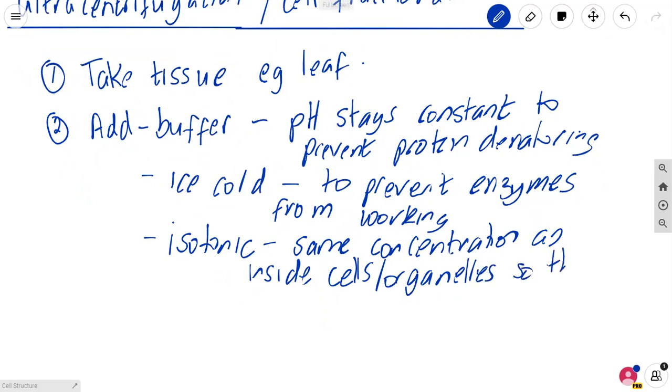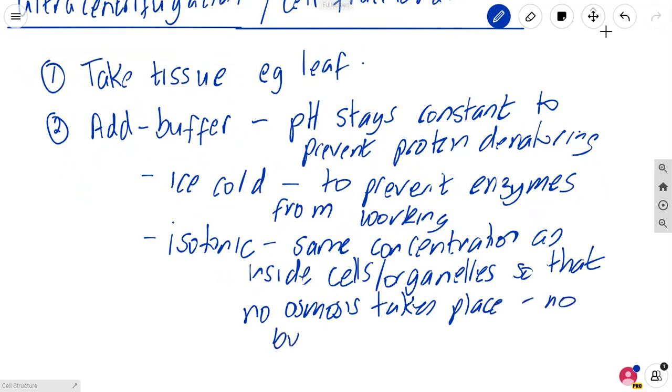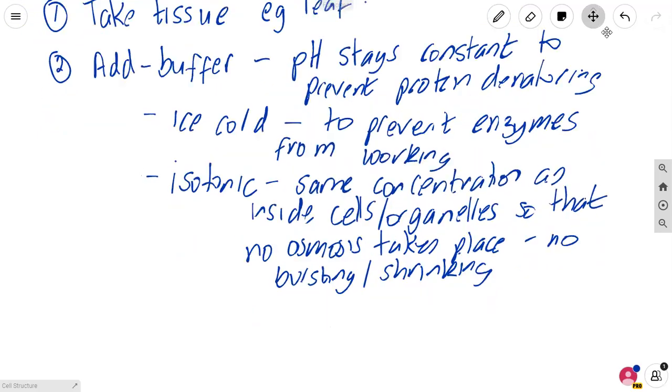So that no osmosis takes place, so that there's no bursting or shrinking. That was what could happen. So your buffer has to be ice cold and isotonic. So it's got three properties. It's a buffer to keep the pH constant. It's ice cold to prevent enzymes from working, and it's isotonic.